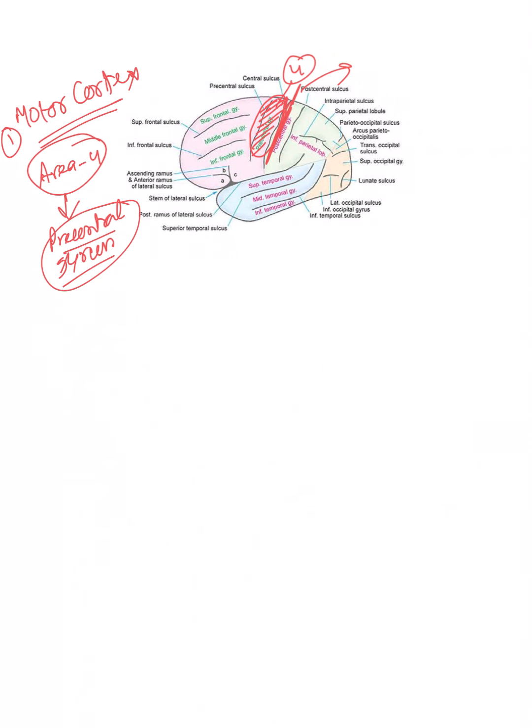So what is the function of motor cortex? See, 30% of corticospinal tracts originate from primary motor cortex. And why is it called motor cortex?